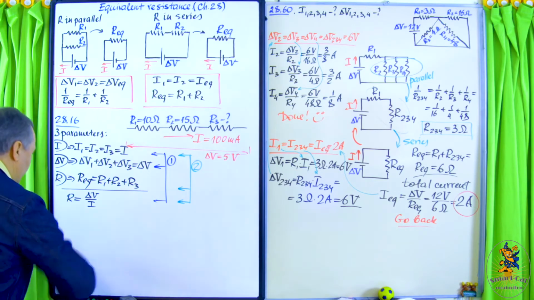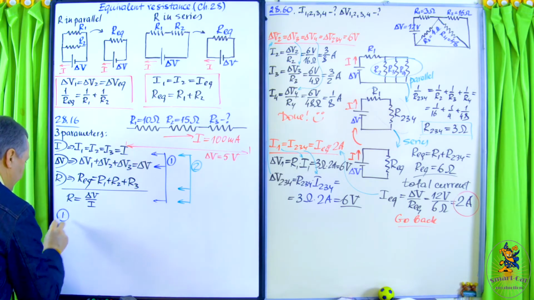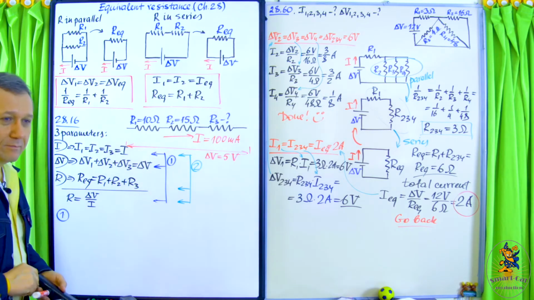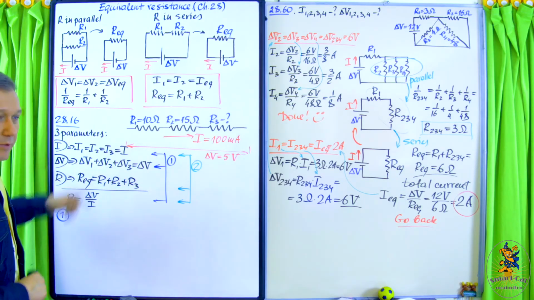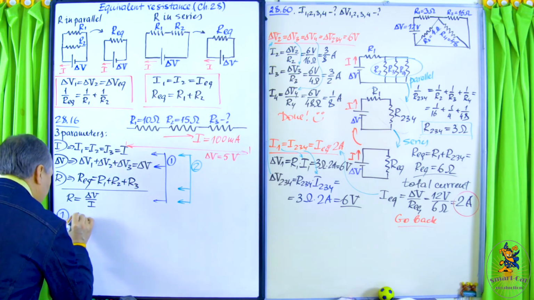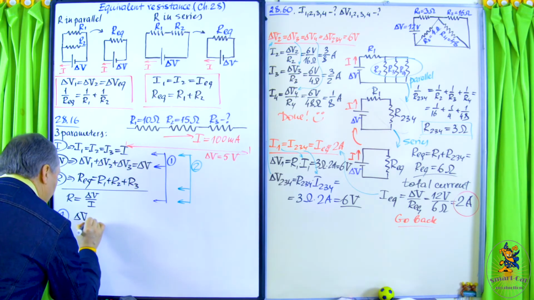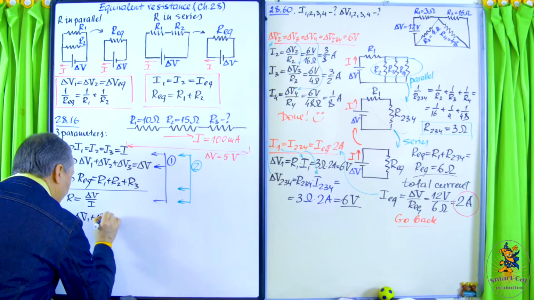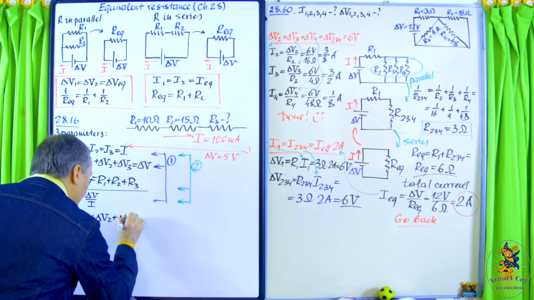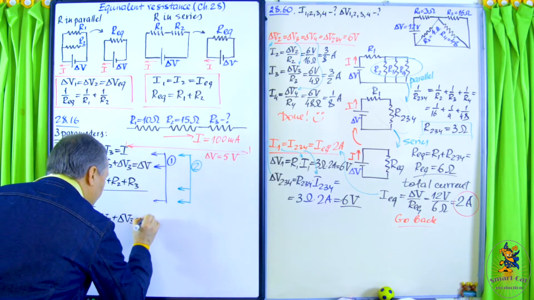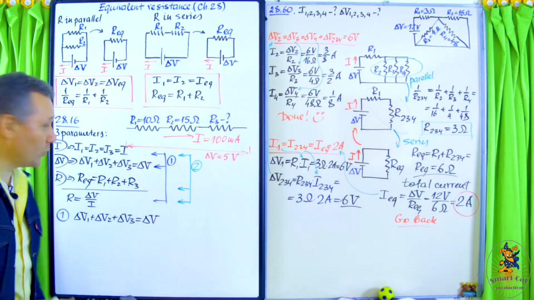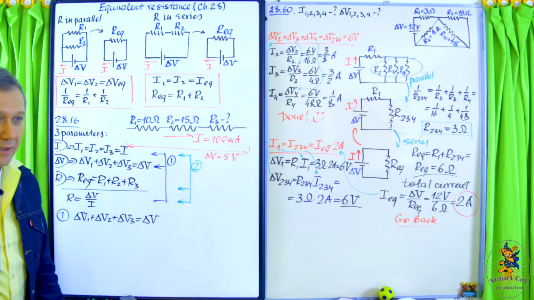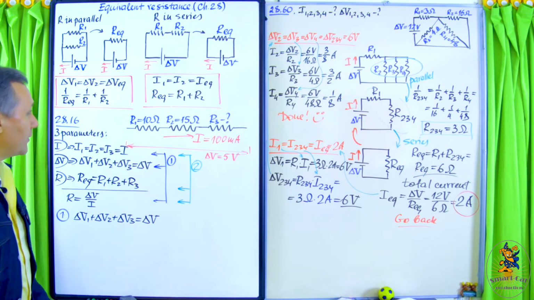Since I use blue, let me write 1, which is based on this. So let me rewrite the formula for delta V, of course. Delta V1 plus delta V2 plus delta V3 equals the total voltage drop. We need to find resistance at the end, so we need to bring into this formula the values of resistors.